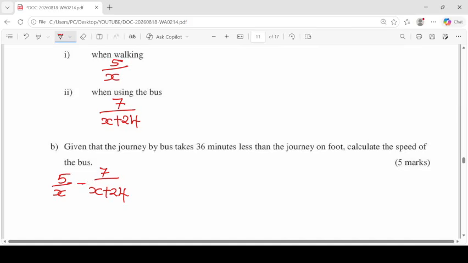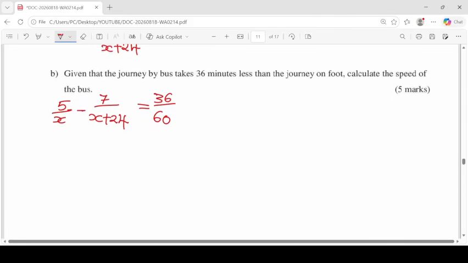Because each value is in hours, this should be equal to 36 minutes, which when converted to hours is 36/60. That is how you form an expression.